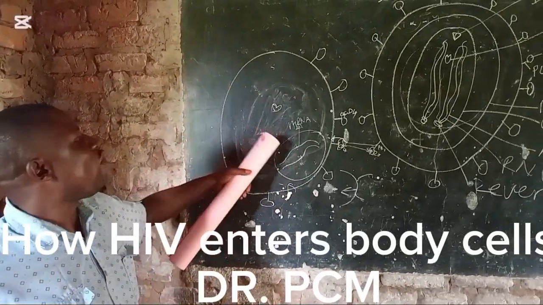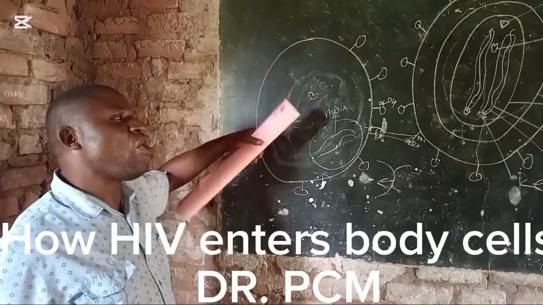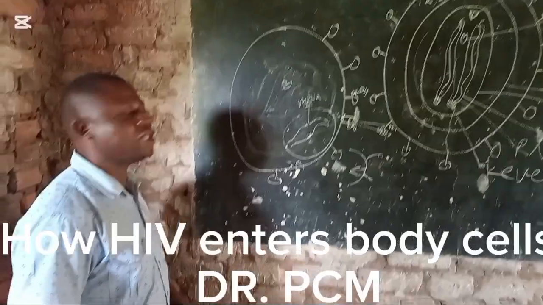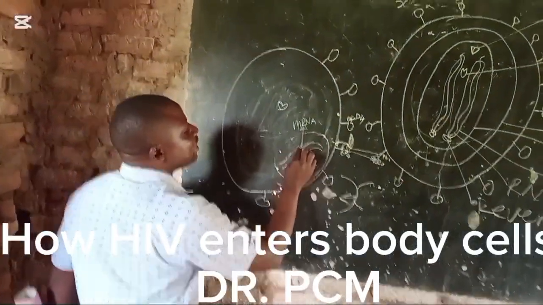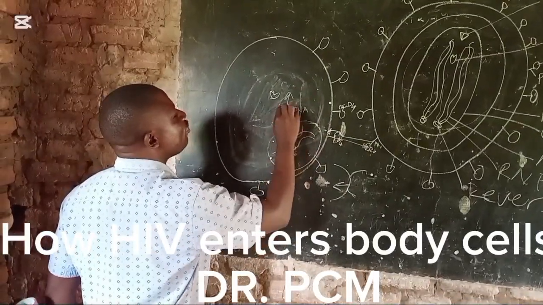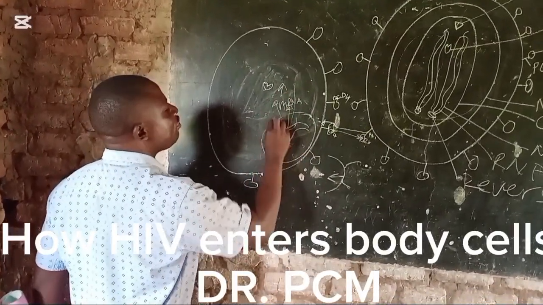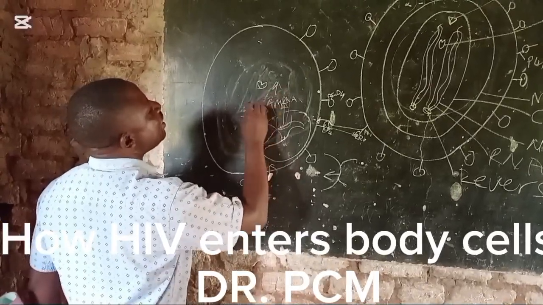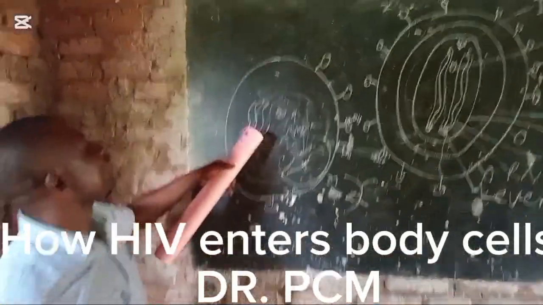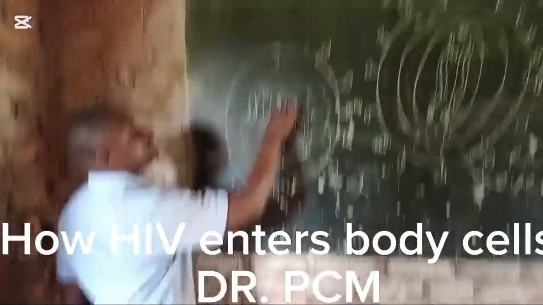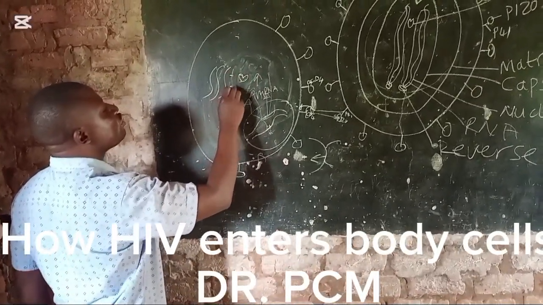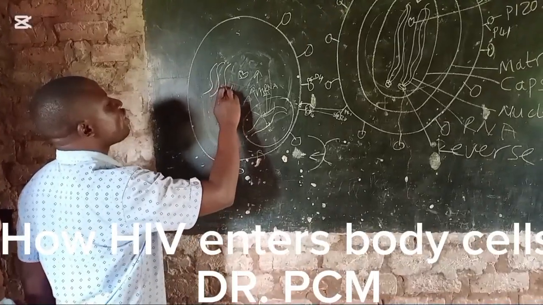It produces various copies of RNA, and they produce a lot of messenger RNA which come into the cytoplasm. It is these messenger RNAs which help to produce other proteins, which help to form another virus or other viruses. So there are so many RNAs in the cytoplasm being produced from the nucleus.